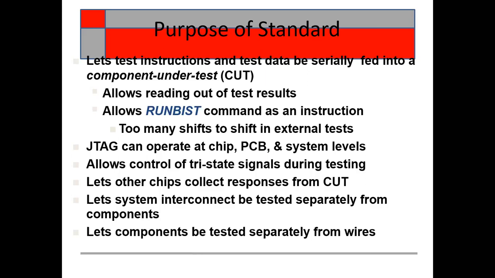Here, test instructions and test data can be serially fed into a component under test, or here we are serially entering the data and checking the output states of each flip-flop. The component under test we can shortly call CUT. It then allows the reading out of the test results, and allows a run-based command as an instruction.